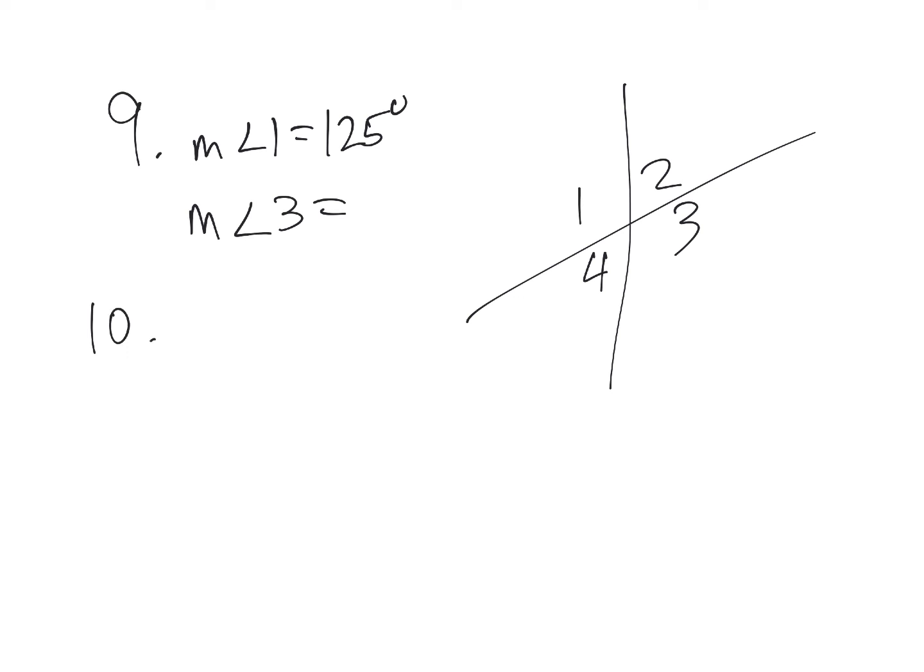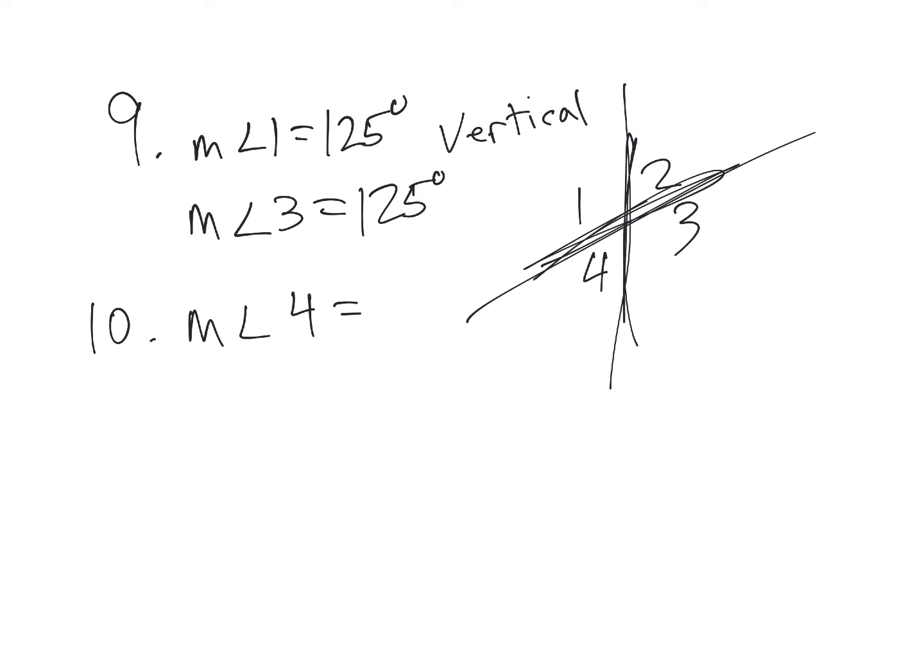And number 10, what is the measure of angle 4? All right, so angle 1 and angle 3 are vertical angles. So I got it right. Vertical angles are equal and congruent. I said vertical pair. Okay. So we get extra credit.